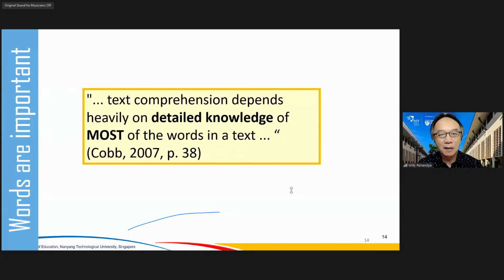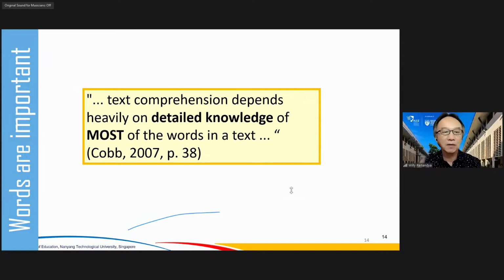Yes, 90% and above. In fact, experience and also research tell us very clearly that the students need at least 95% of the words. More, better, not less. So 95 to 98%. They need to know the words in the text.